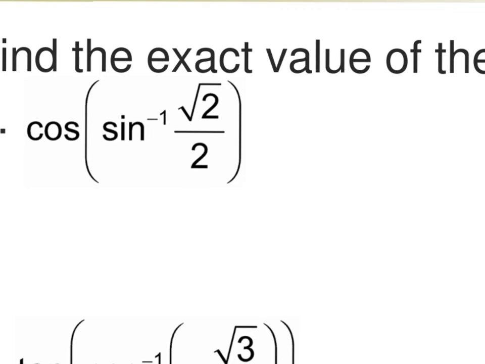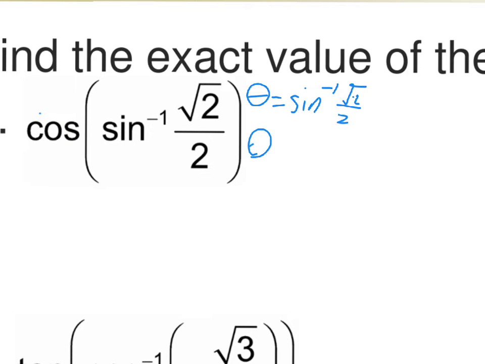First, we have the cosine of the inverse sine of square root of 2 over 2. If we take a look at our unit circle or our trig table, the inverse sine of square root of 2 over 2, that is to say what angle is produced by the inverse sine of square root of 2 over 2, that's going to occur at 45 degrees as well as 135.